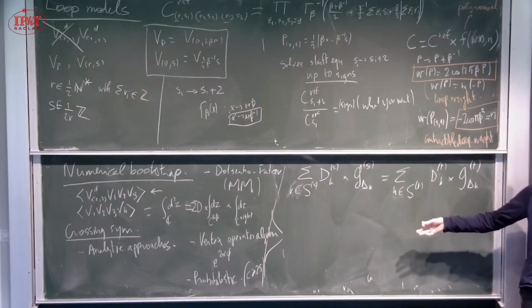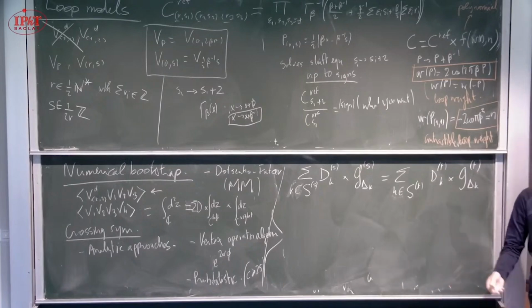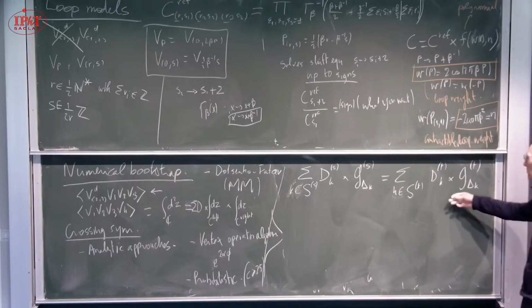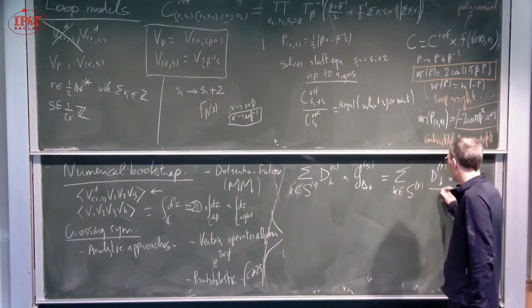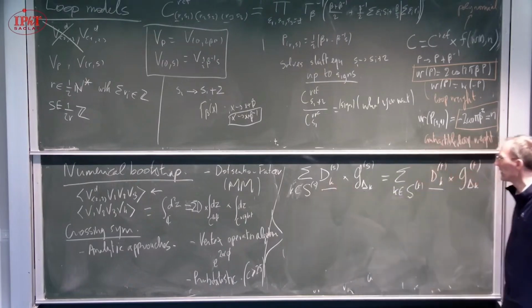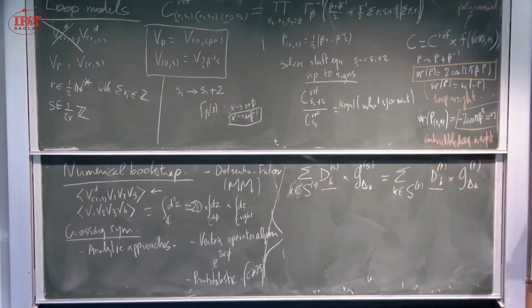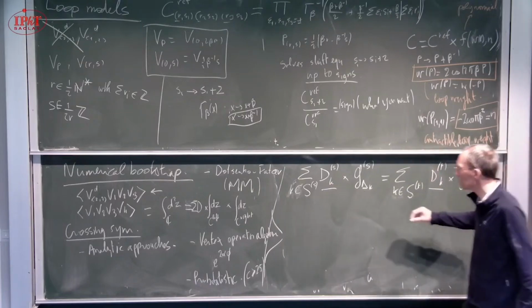Of course, you can also use this equation to constrain the spectrum, but that's much harder. And typically, to do that, you need some extra assumptions like unitarity to make things positive. So here I'm assuming we know exactly the spectrum. So the unknowns are only the 4-point structure constants, and we have a linear equation for them.